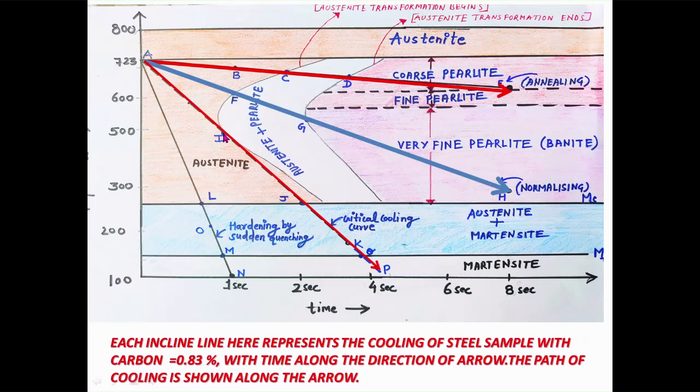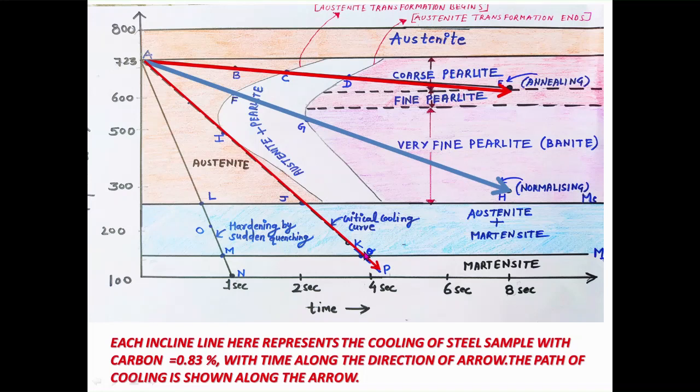between all the points lying between A and J, because the portion of the line between A and J is lying in the orange color region. At point J the austenite starts converting into martensite, and between J and Q the microstructure will be a mixture of martensite and austenite.